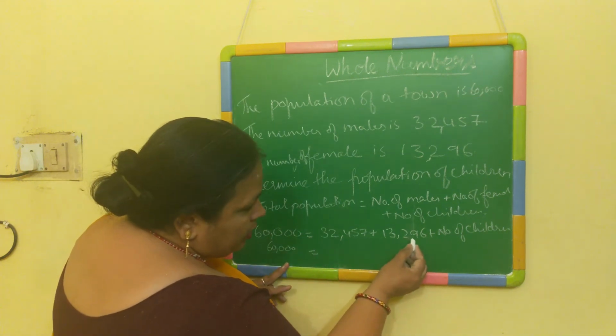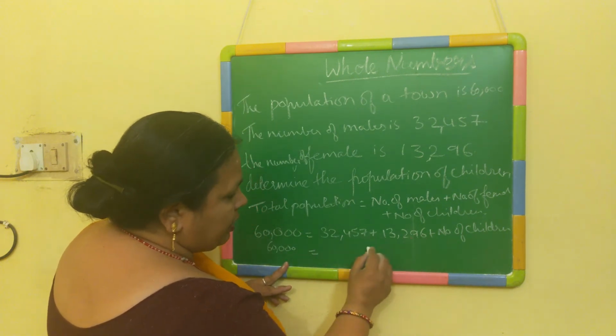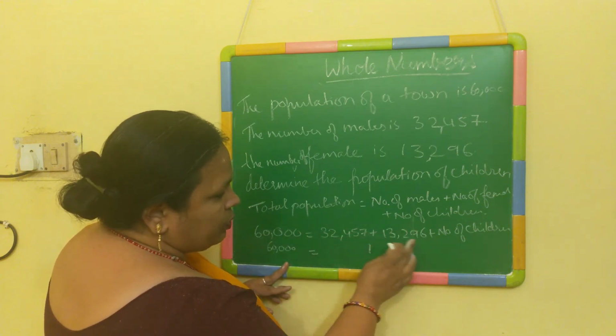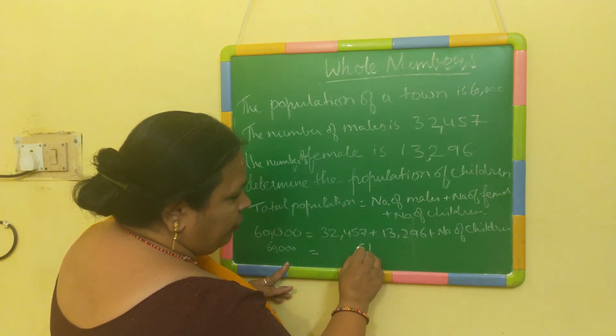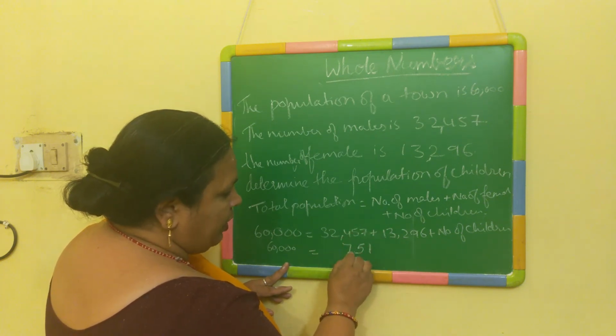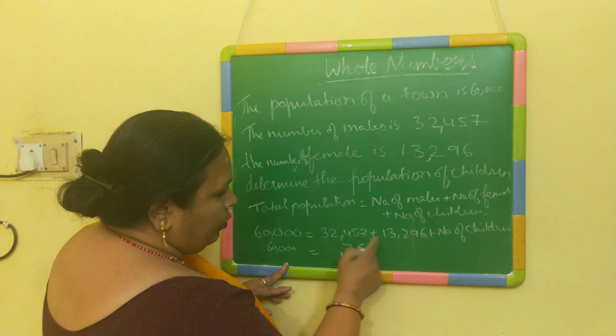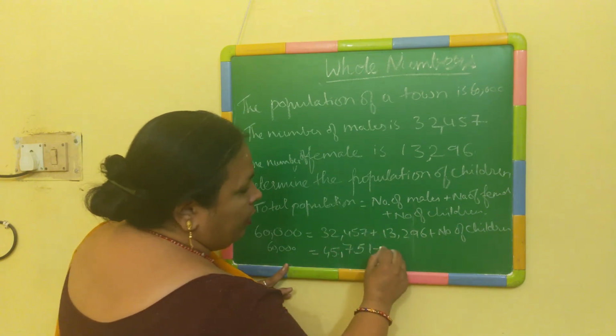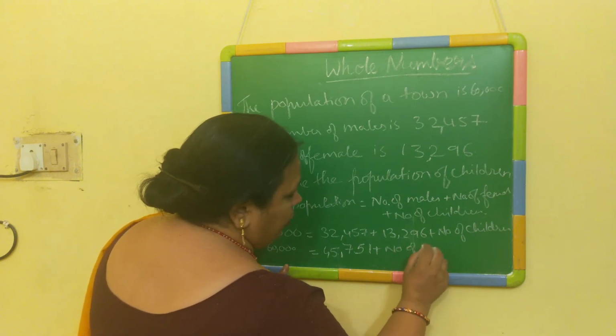Now we have 7 plus 6 is 13, 1 carry here. So 6 plus 9 is 15, 5, 1 in hand. 5 plus 2 is 7. 2 plus 3 is 5, and 3 plus 1 is 4, plus the number of children.